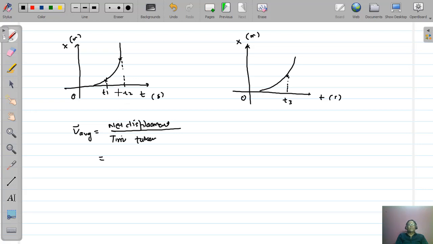So from the graph, time taken is this, that is t2 minus t1. And net displacement: initially it was at x1 and then it is at x2. So net displacement is x2 minus x1.